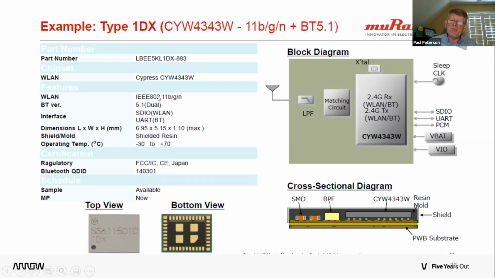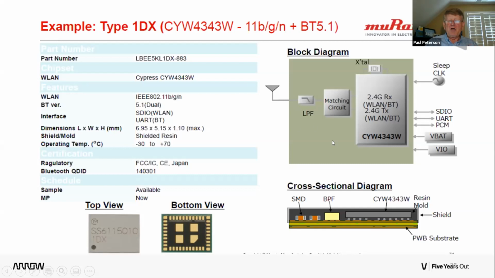Now, these typically will require an external microprocessor of some sort, maybe even something that's running Linux. But it wouldn't do it justice to not highlight that there are a lot of silicon solutions out there that implement multiple protocols, in this case Wi-Fi and Bluetooth, in a single module. This happens to be a module that carries FCC certifications and things of that sort.